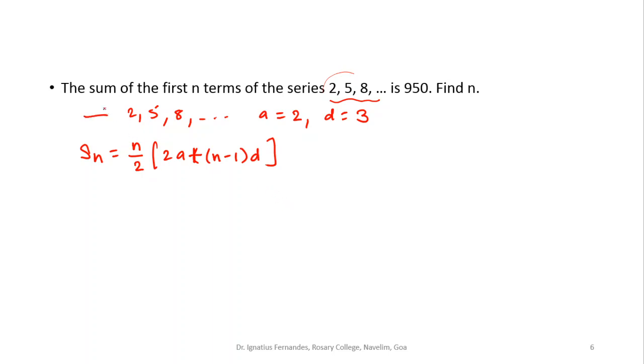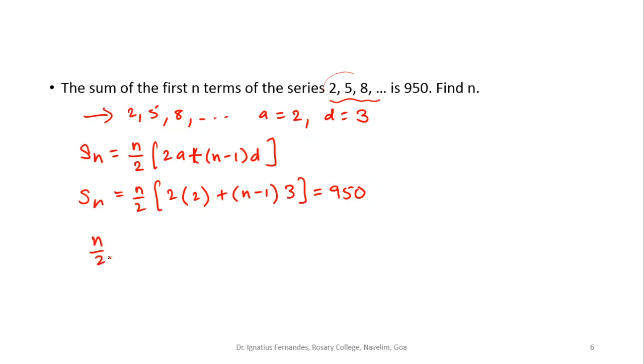So for this arithmetic progression, we have n upon 2 into (2 into a, where a is the first term 2, plus (n minus 1) into d, where d is 3). And this S n is given to be equal to 950. So based on this equation we can find out n. So we will simplify this. n upon 2 into (4 plus 3n minus 3) is equal to 950.